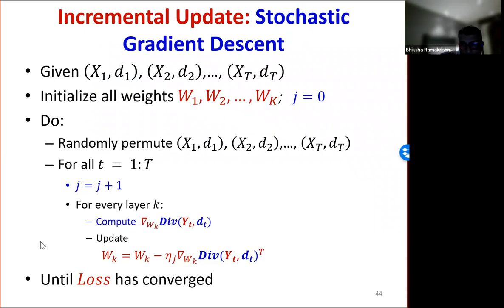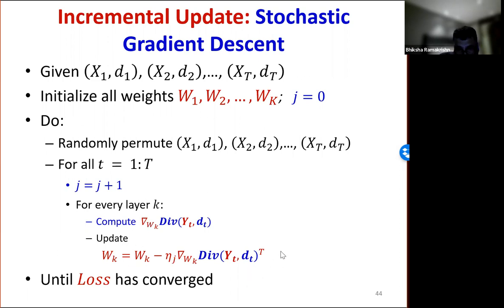So the way this would modify your gradient descent pseudocode is that you still have the same thing. You're going to randomly permute your training instances within each epoch. Then you're going to go through your training instances. After each training instance, you would compute the derivatives of the divergence for that instance with respect to all the network parameters.